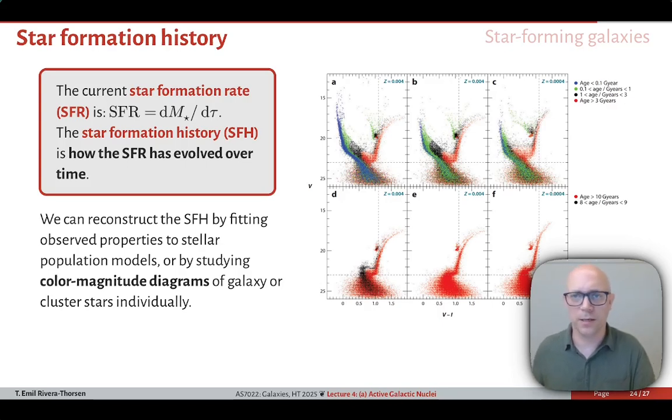What we see here is various examples of stellar populations, either single age or multiple ages. Now, these are all for the same metallicity, so basically different ages, right?